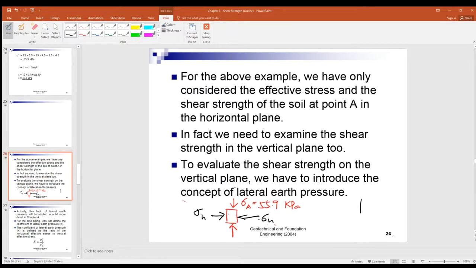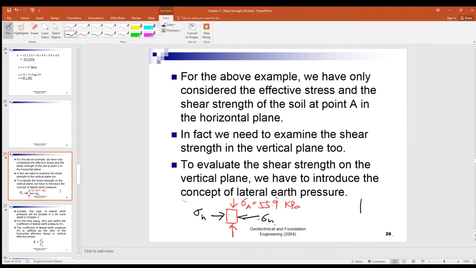In the previous example, we just worked out the shear strength due to sigma A equal to 55.9 only. What if there exists horizontal stress here? That will affect the shear strength of this specimen, right?